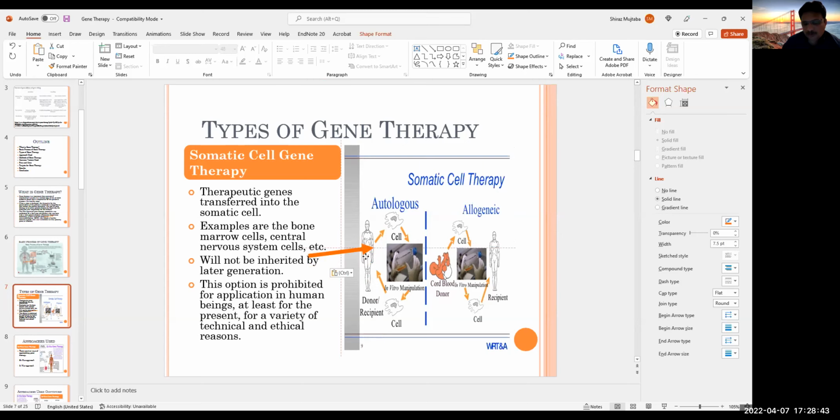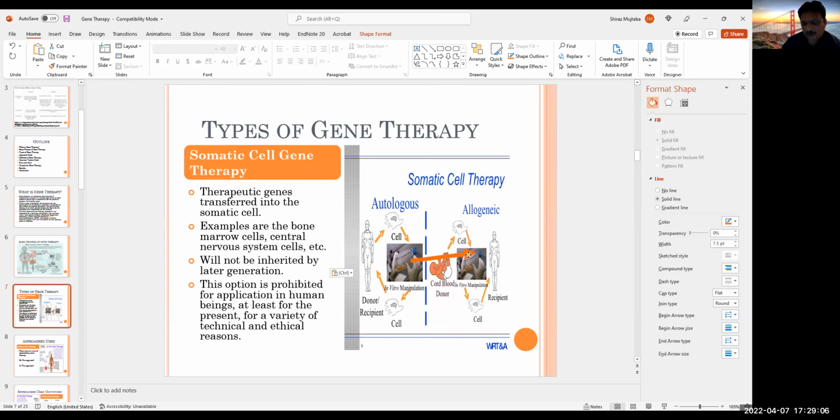So the patient's own cells are being used in autologous. In allogenic, cord blood cells are taken from the placenta or from the cord, and these cells have the potency of a stem cell.